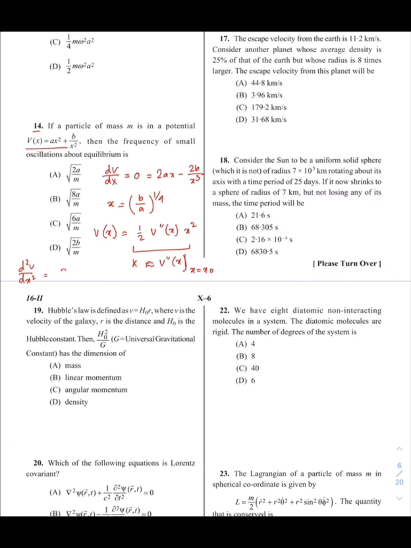This is equal to 2a plus 6b x to the power 4. Now we substitute x is equal to b by a to the power 1 by 4 and simplify this expression to find out this is equal to 8a. Hence the oscillation frequency omega is equal to the square root of k by m, which is equal to the square root of 8a by m. So option B is the correct answer.